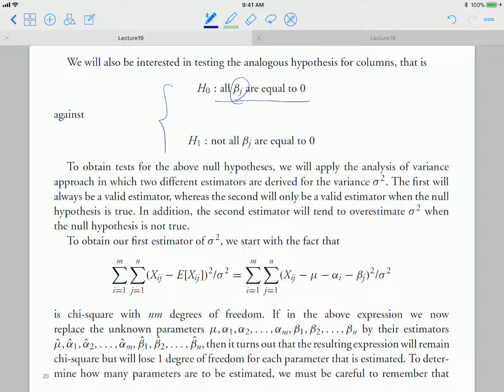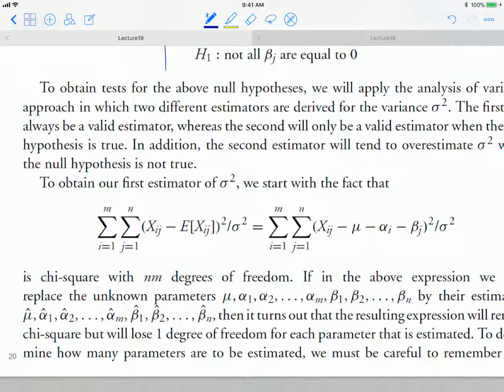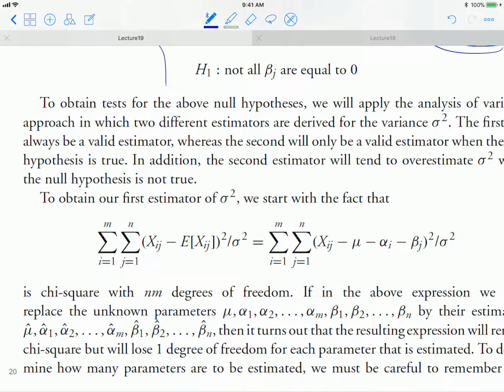The first way was valid regardless of whether the null hypothesis is true or not, and that corresponds to SS of W. So Xij is what we actually obtained as our observation, and then we simply subtract its corresponding mean value, take the square of it, and divide it by the common sigma squared, and it will form the chi-square distribution.